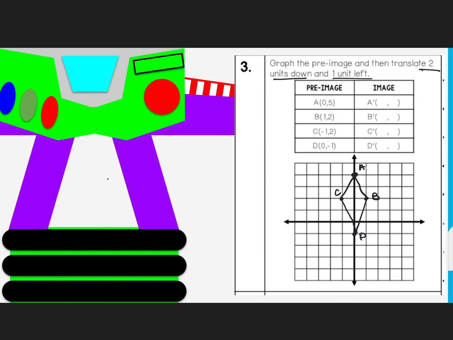All right. So here I'm going to start with left since that's my x. So 1 unit to the left, that means I'm subtracting 1 from each x value.